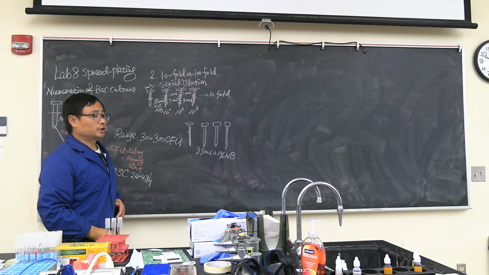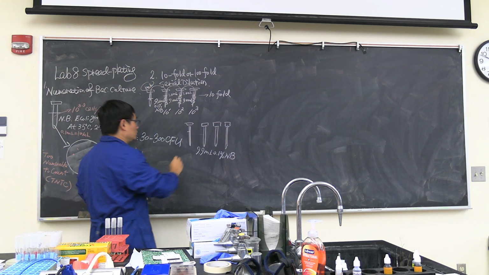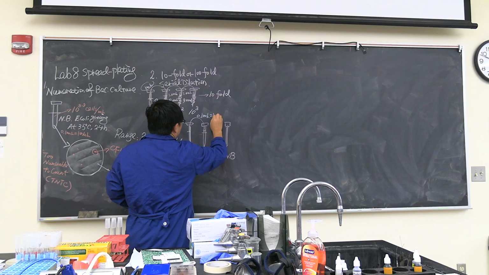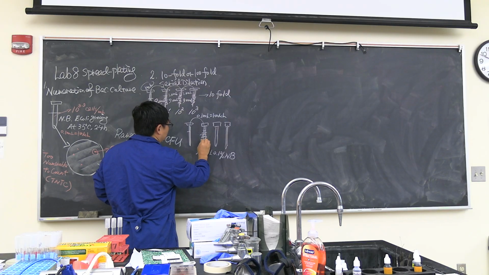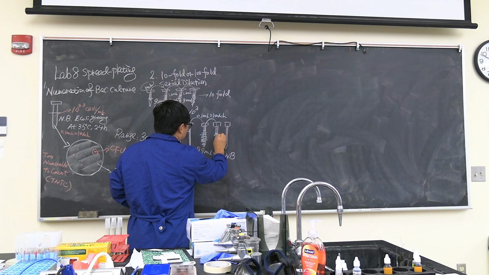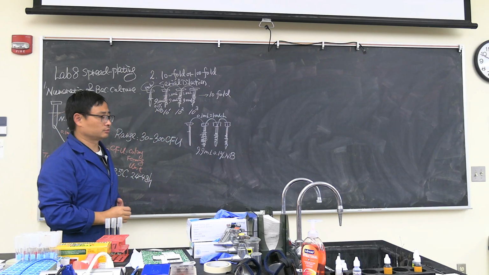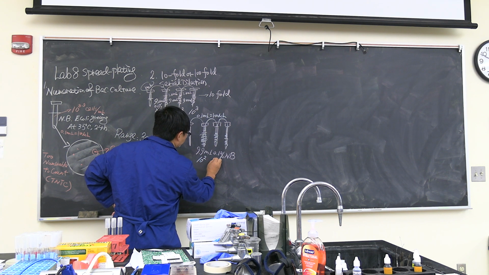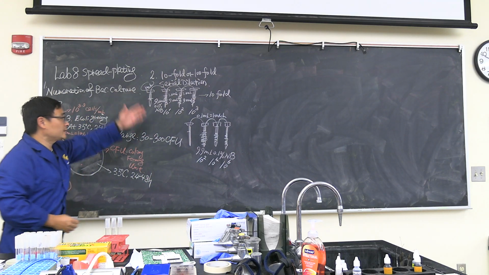Then instead of adding 1 ml into each tube, we are adding 0.1 ml, which means 100 microliters. So we add 0.1 ml into the first 9.9 ml dilution tube, mix very well, then go to the second tube, and repeat for the third tube. So what's the dilution factor of the tubes? It will be 10 to the power of 2, 10 to the power of 4, and 10 to the power of 6. So that's the basic idea.